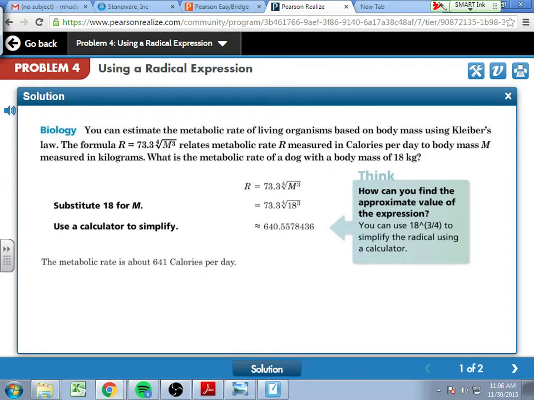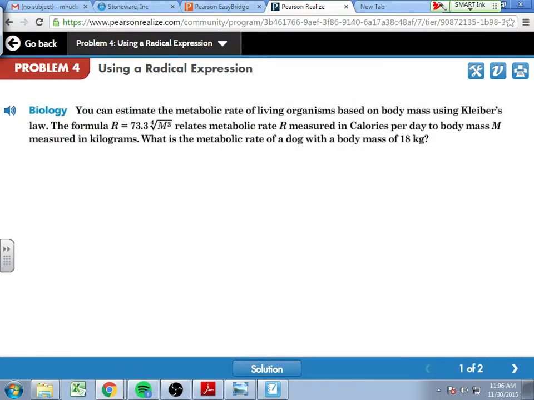They just evaluate the whole thing. They do 18 cubed and then the 4th root of it and then they multiply. Because we know everything and there are no variables, I like your method of simplifying by breaking things up, but we eventually want a decimal value since it doesn't say leave it in rational form or radical form.